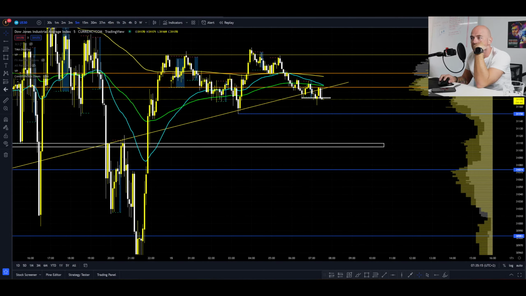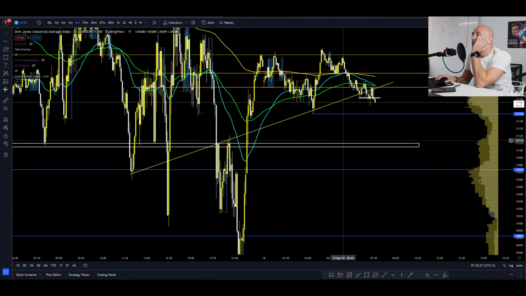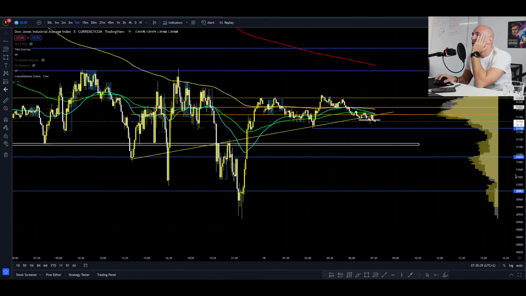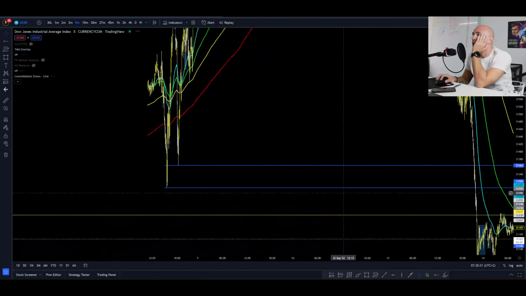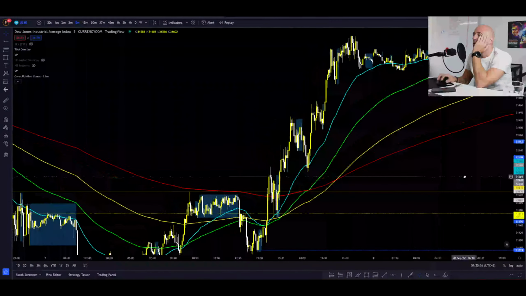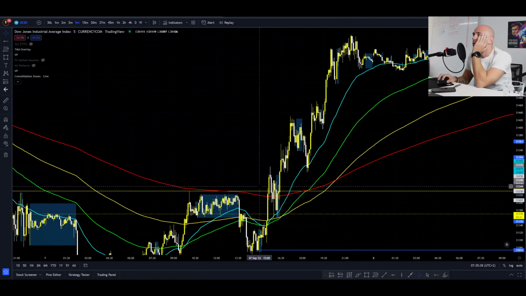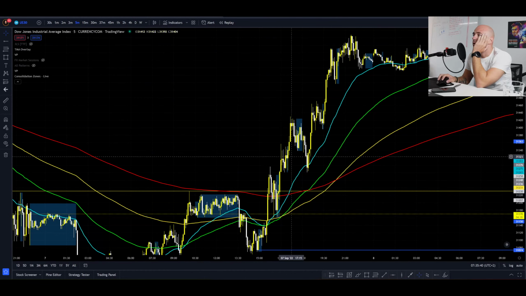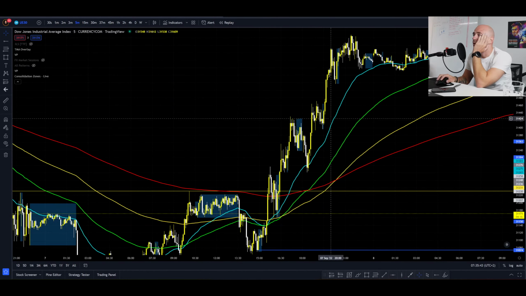Isn't it a thing that you miss the start of the move? No, I mean the start of the move, like when you wait for MAs to line up. You get this rejection off of 21, and then at this point you start to get the pullbacks into the 21.